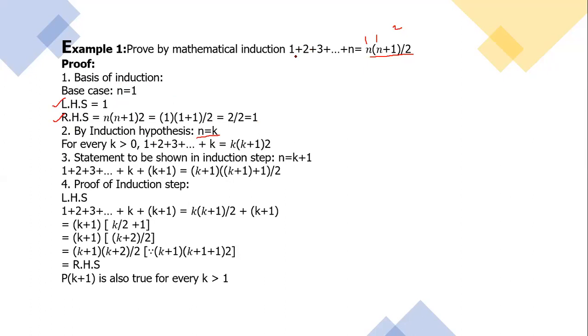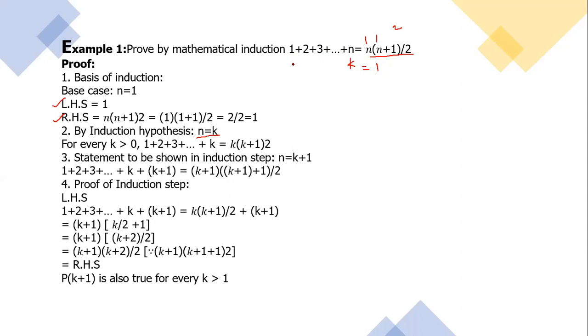So how can I do it? 1 plus 2 plus 3 plus etc. plus k. This is the left hand side, I'm just substituting the k value into n. And what about the right hand side? k into k plus 1 by 2. Yes, k into k plus 1 by 2.